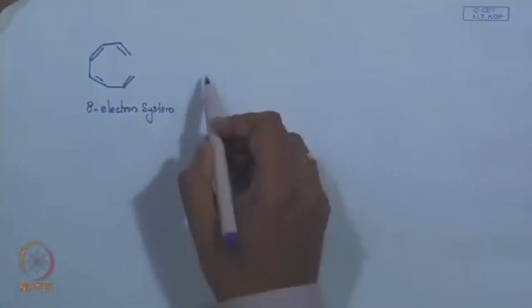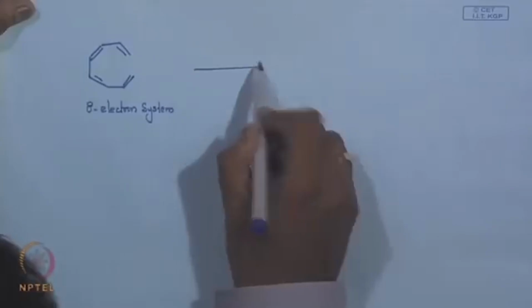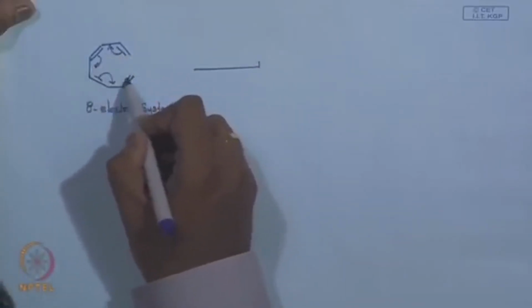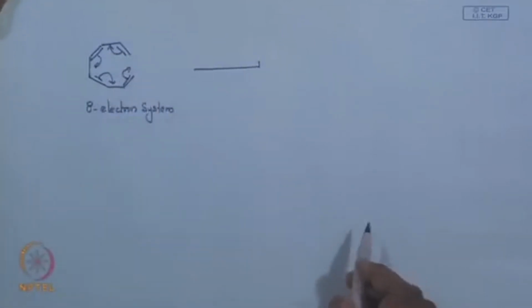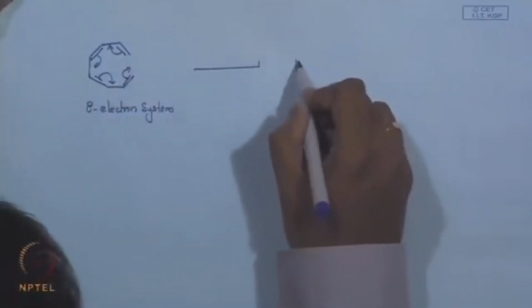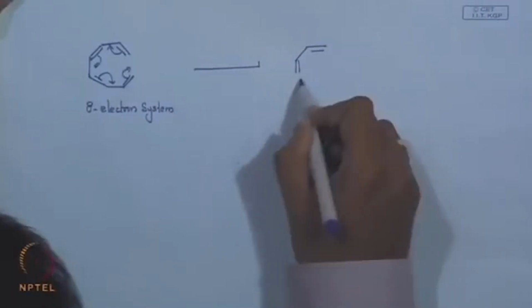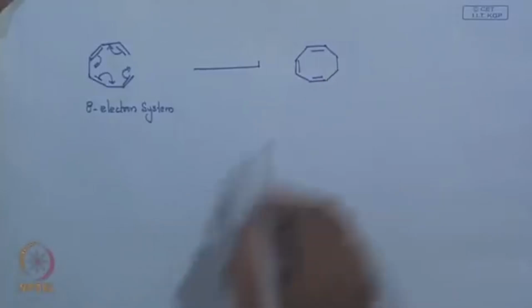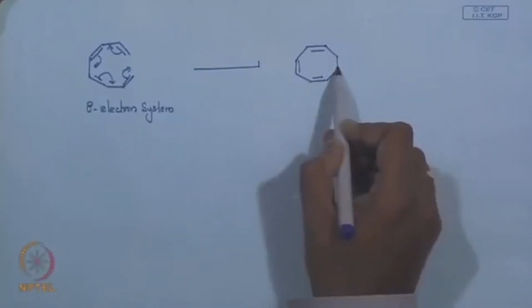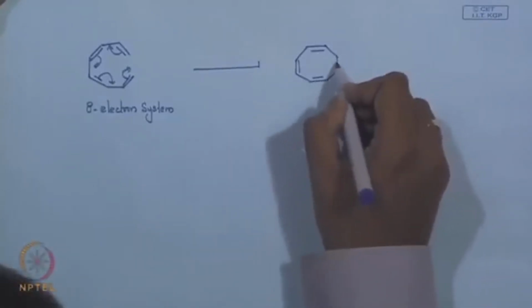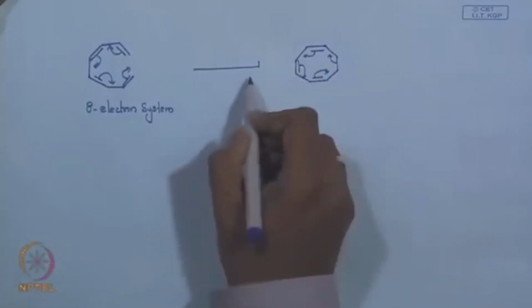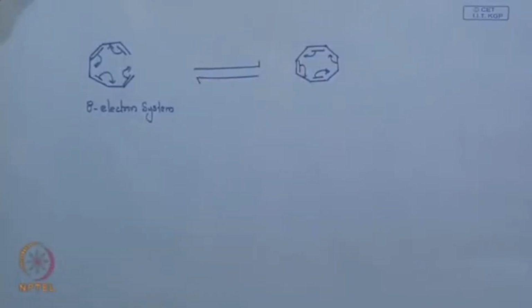As I said, now my product should have 3 pi bonds and 1 extra sigma bond. So, I have 3 pi bonds with a new sigma bond, and as I already said, these reactions are reversible to give me my starting material back.